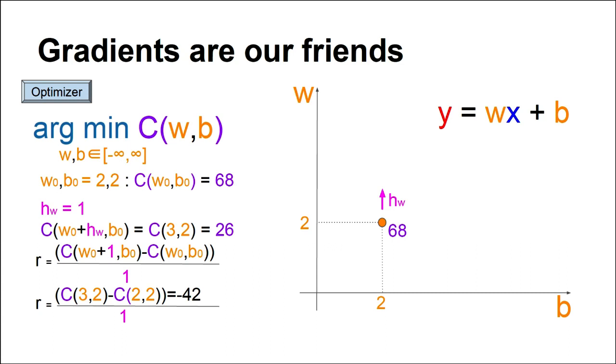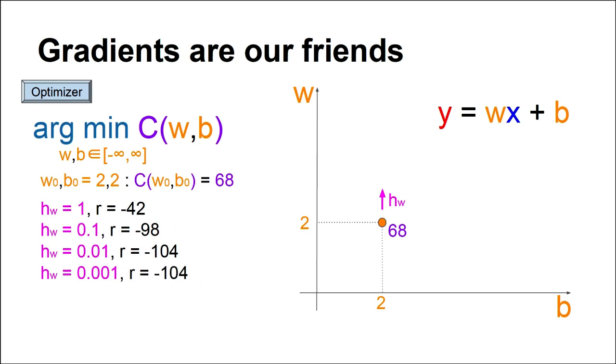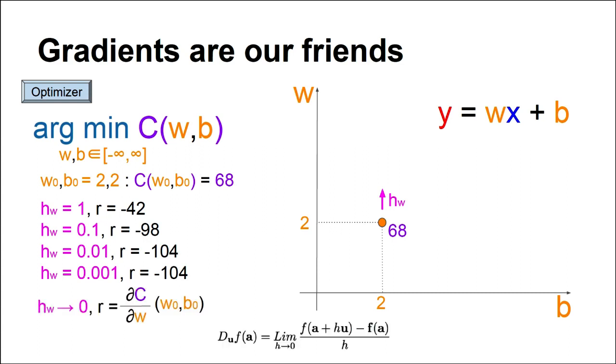So basically, I call this reward. It's how much you walk divided by the length of what you walked. And if you keep reducing this step, you can see that the amount of reward that you get converges to a value. And this is because this is basically the definition of the derivative of the cost function with regard to w.